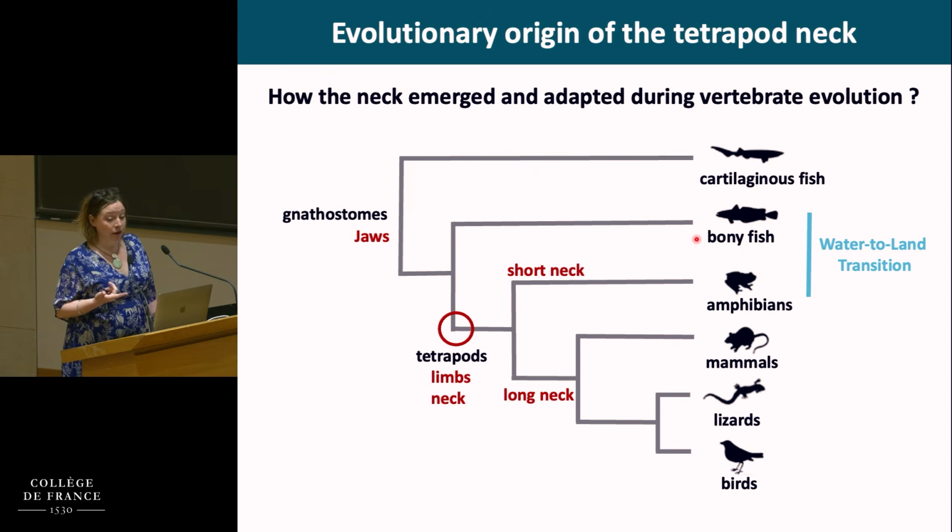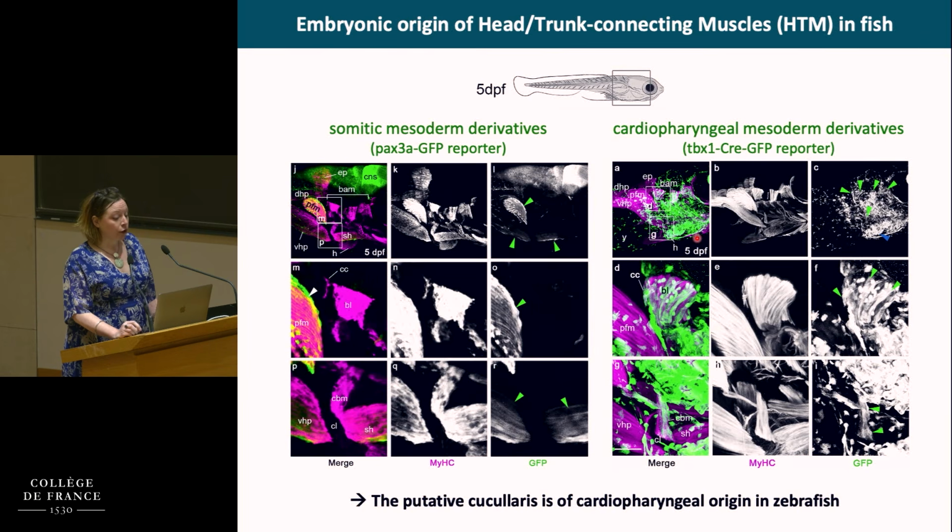Second, the innervation that is pretty well conserved during evolution. And third, the attachment sites on associated skeletal structures. So first, we analyzed the mesodermal origin of muscles connecting the head to the trunk in fish compared to tetrapods.